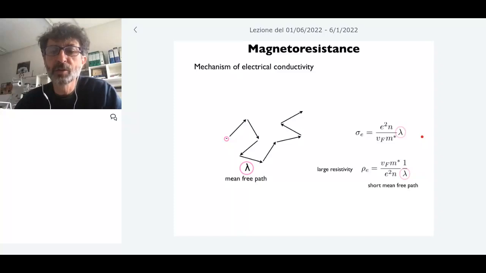The others essentially depend on the material you choose, and in most cases the magnetic field and the magnetization, apart from very small things like magnetostriction, do not change the crystal structure, they do not change the band structure. This remains the same. But the lambda, the mean free path, can actually be affected by the magnetic field and the magnetization. And now we try to explain how.